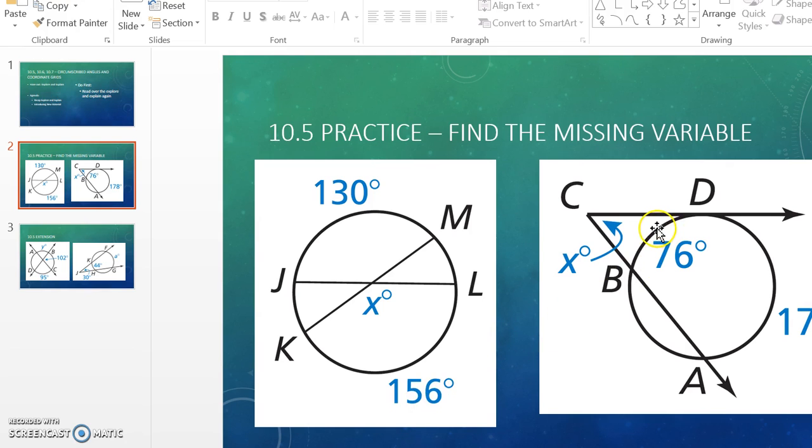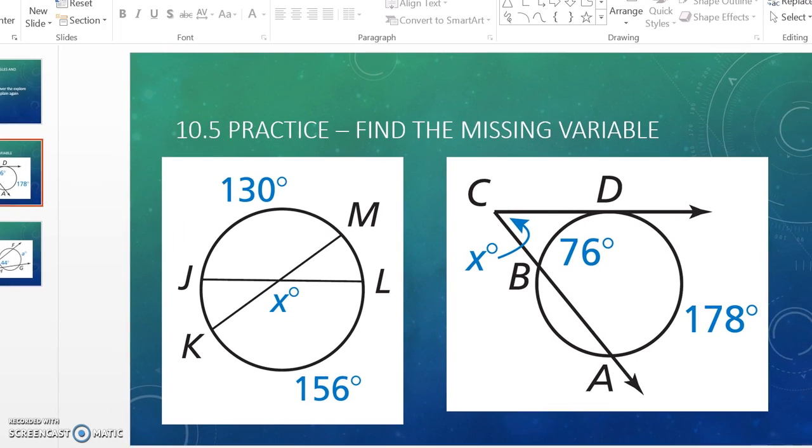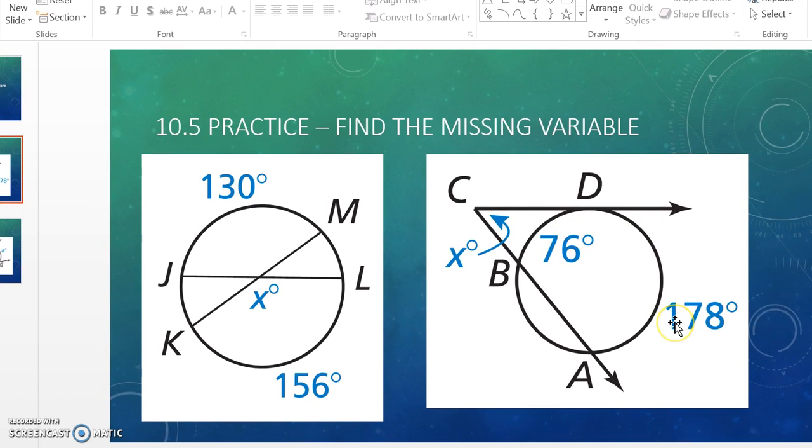Whereas over here, my included arcs are 76 and 178, so I subtract the small one from the big one, divide by 2, and I would ultimately get that this is 51 degrees. All right, best of luck doing your practice problems, and see you guys tomorrow.